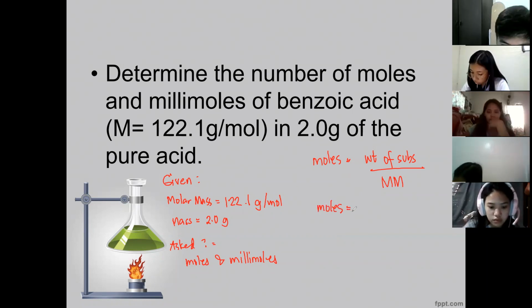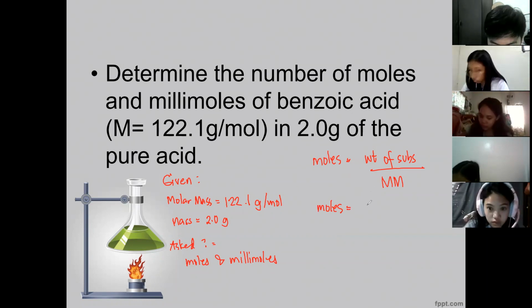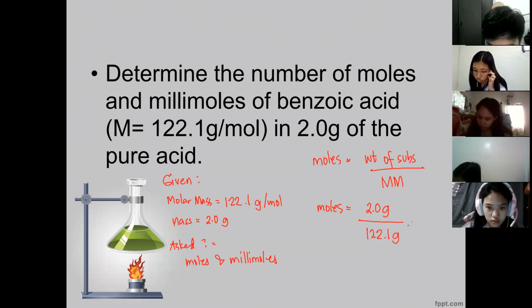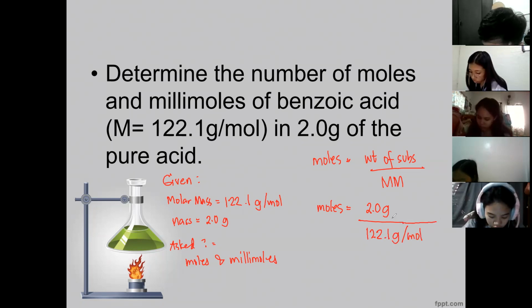So in this case, we can compute first for the number of moles. We have there the weight or the mass of substance, that is 2.0 grams. And then we will just divide it sa kanyang molar mass, which is already given in the problem, 122.1 grams per mole.